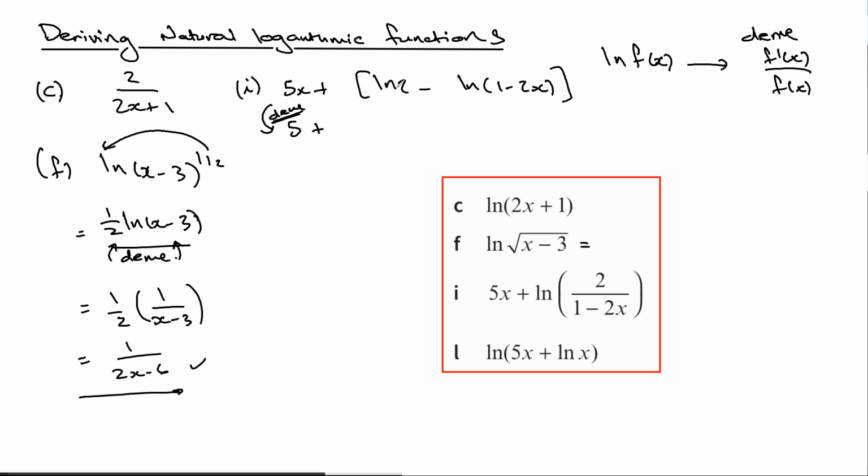The derivative of ln 2 is a number, so it's going to become 0. Then minus the derivative of this, which is 1 over 1 minus 2x, multiplied by the derivative of the inside, which is negative 2. So that'll become 5 plus, and negative times negative is positive, so 5 plus 2 over 1 minus 2x.